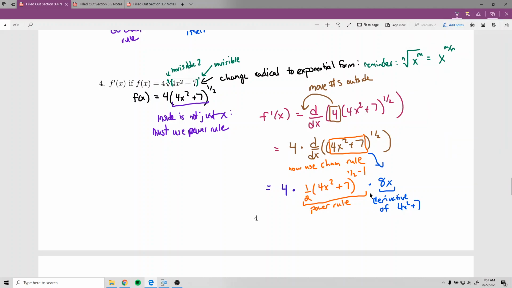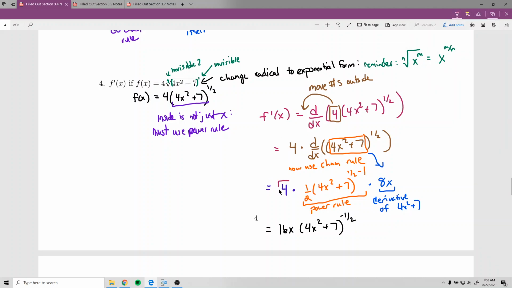Okay. Now that you've done the derivative, we have no indicated derivatives left, we can combine everything. So notice that everything is on the outside of the power besides this, so we can simplify. 4 times 1/2 is 2, times 8x is 16x. And then we got 4x squared plus 7. 1/2 minus 1 is negative 1/2 power.